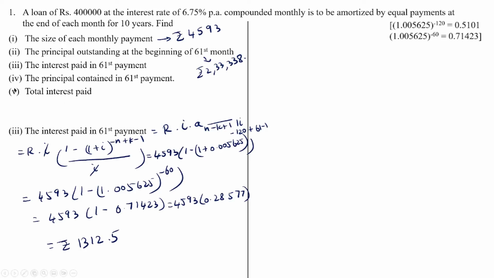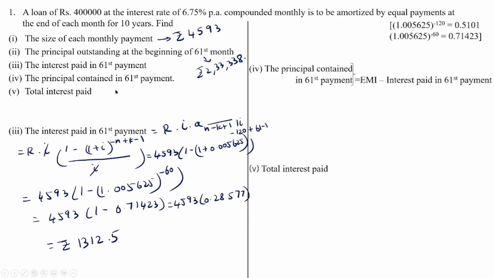And the next subdivision is the principal contained in the 61st payment. For each payment, the EMI is going to remain constant. EMI for the 61st payment is 4,593. The interest in the 61st payment is 1,312.5. If we find the difference, we will find the principal contained in 61st payment.